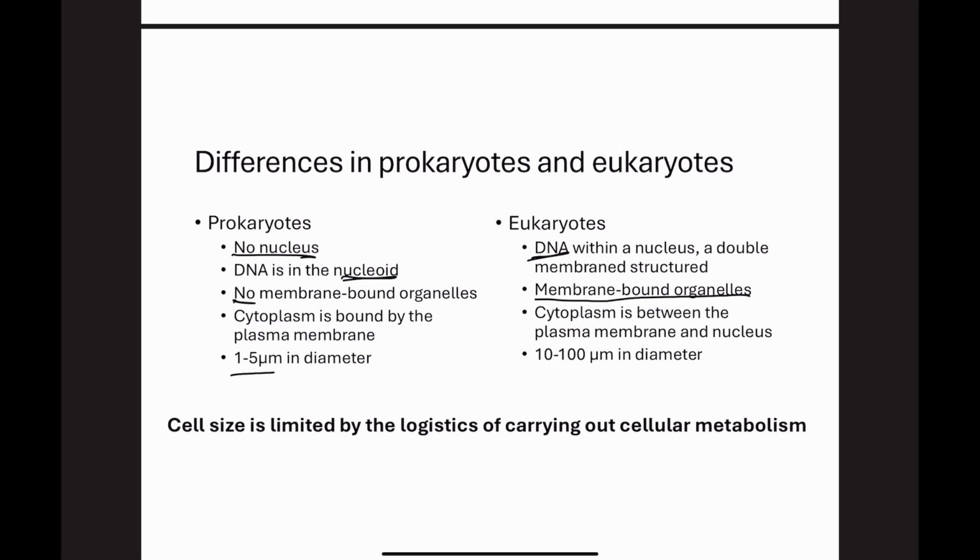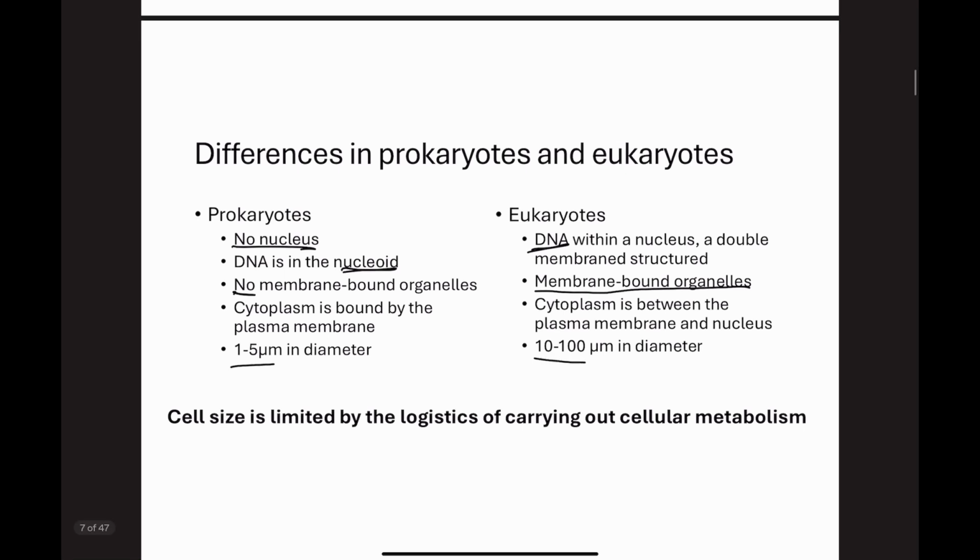And when we're talking about the cytoplasm inside of eukaryotic cells, it's referring to the region that we have between the plasma membrane and the nucleus. And our eukaryotes are larger than our bacteria. They're about 10 to 100 micrometers in diameter.